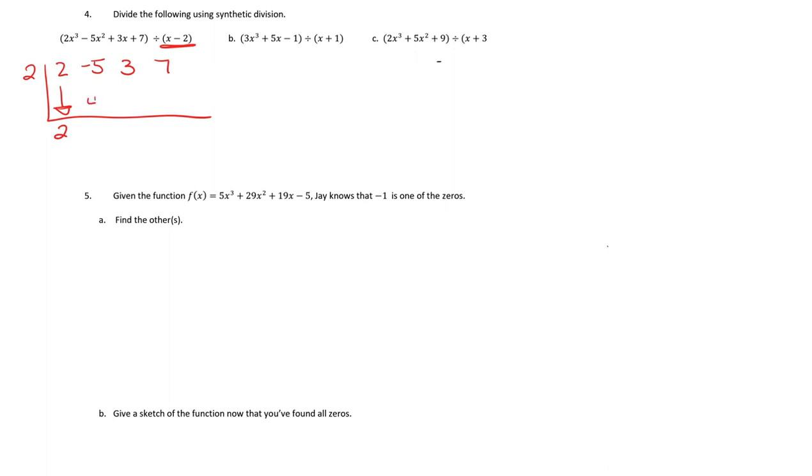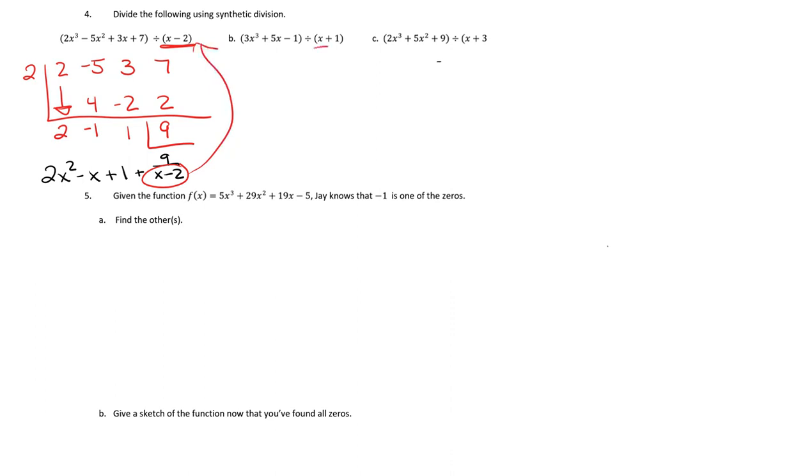Multiply, add, multiply, add, multiply, add. Okay, so I would write that as 2x squared minus x plus 1 plus 9 over x minus 2, because that is what I divided by.